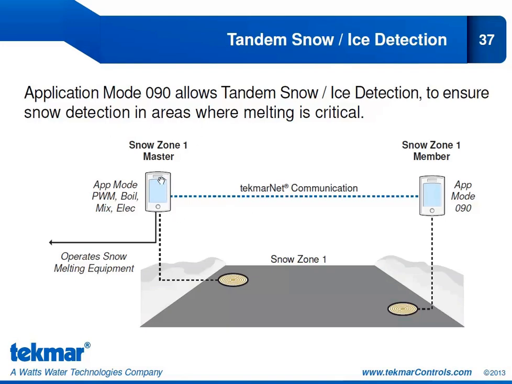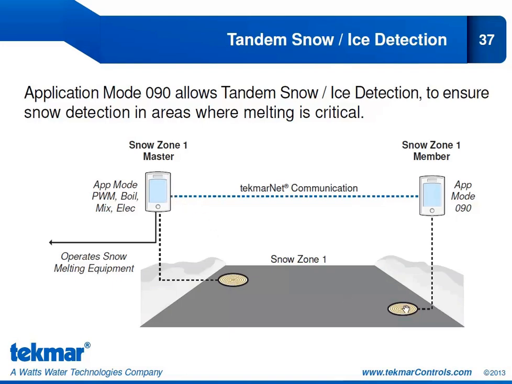Now for the master control, you can choose application mode PWM, boil, mix, or elect, depending on what your system is. It is the master that's going to be operating the snow melting equipment. So whether that's the mixing device, the pump, the boiler, only the master is operating that equipment. The member is only connected to its sensor and then connected to the master through the TechMarnet communication.